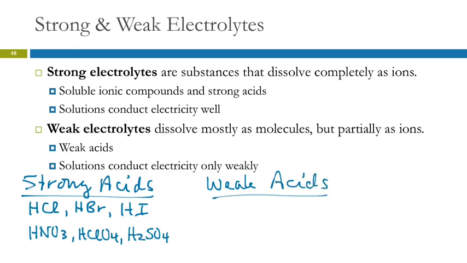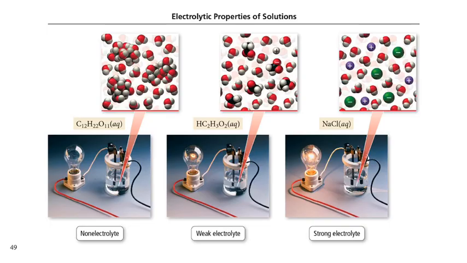There's like a gazillion and a half weak acids. All the other acids are considered weak. So you memorize the 6, and then you know that everything else is a weak acid. Everybody got that list down? It'll be on YouTube later.